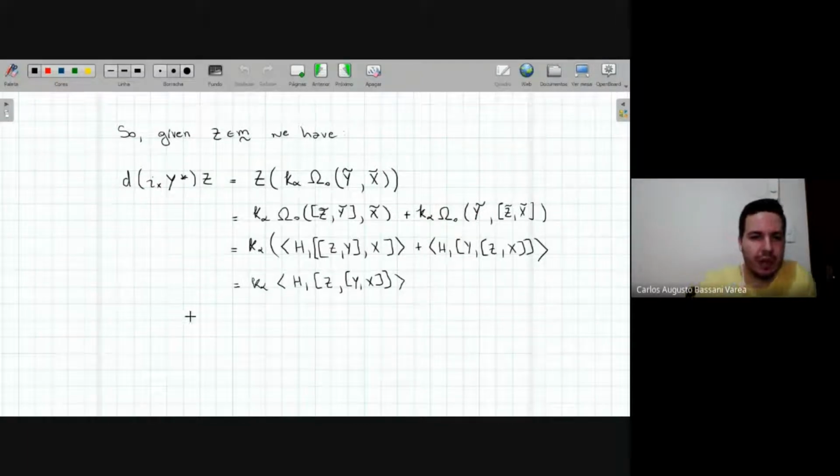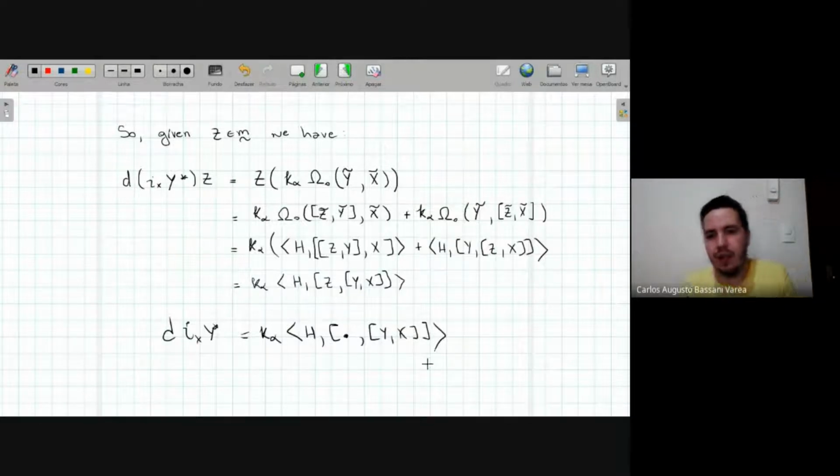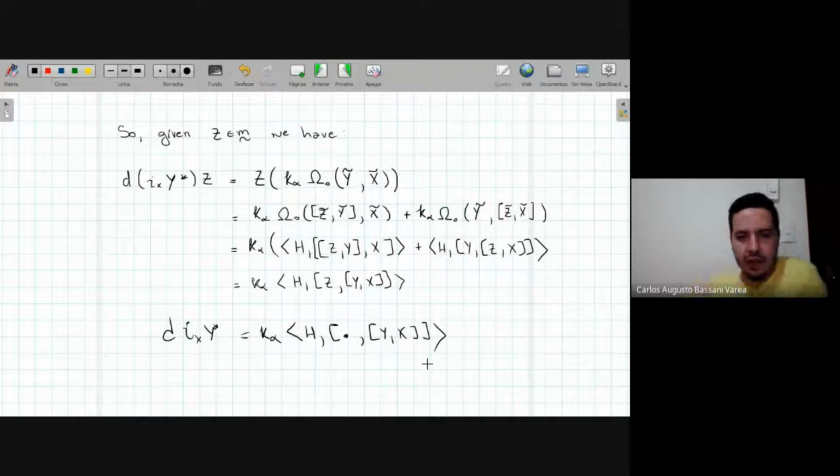So the differential of this guy here is just a constant of this guy applying on the bracket of x, y, and x. So this is the expression for this guy here.